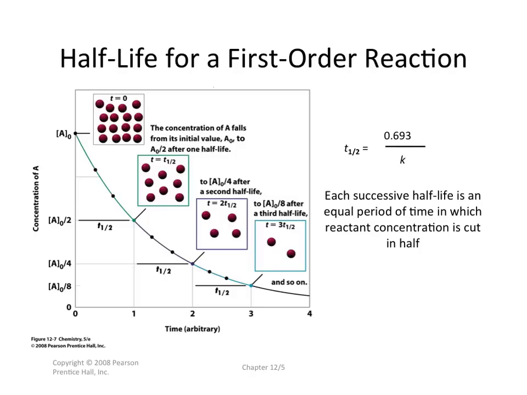A specific value of time, called the half-life, is also studied when it comes to rate laws. A half-life, or t1/2, is the time it takes for the concentration of a reactant to decay by 1/2.